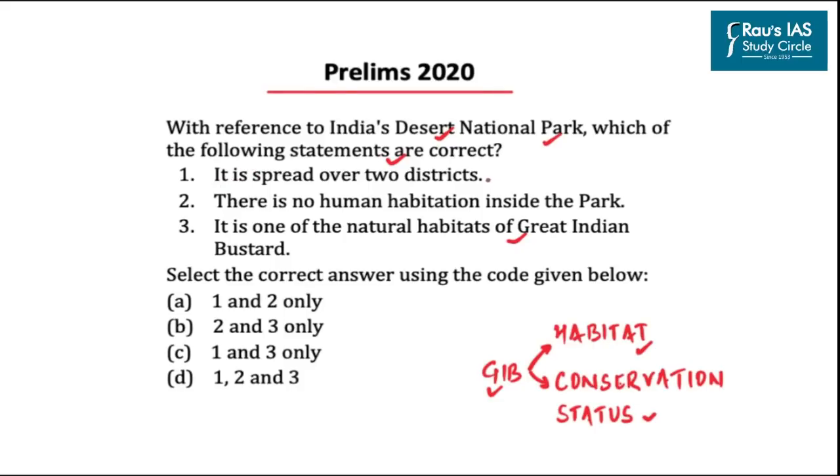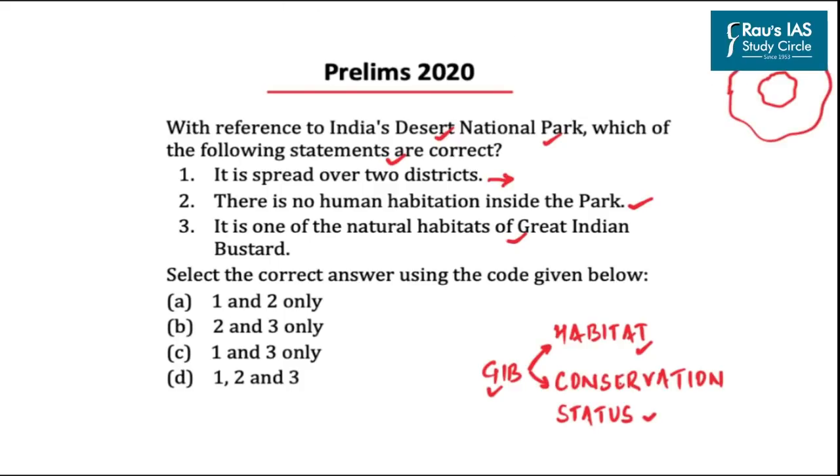Let's leave statement 1 for a second because you simply cannot be expected to remember the number of districts a particular national park or tiger reserve is spread. But let's just focus on statement number 2. There is no human habitation inside the park. You should recall that whenever we try to understand a tiger reserve or national park, we always read that there is a core area and then there is a buffer area.